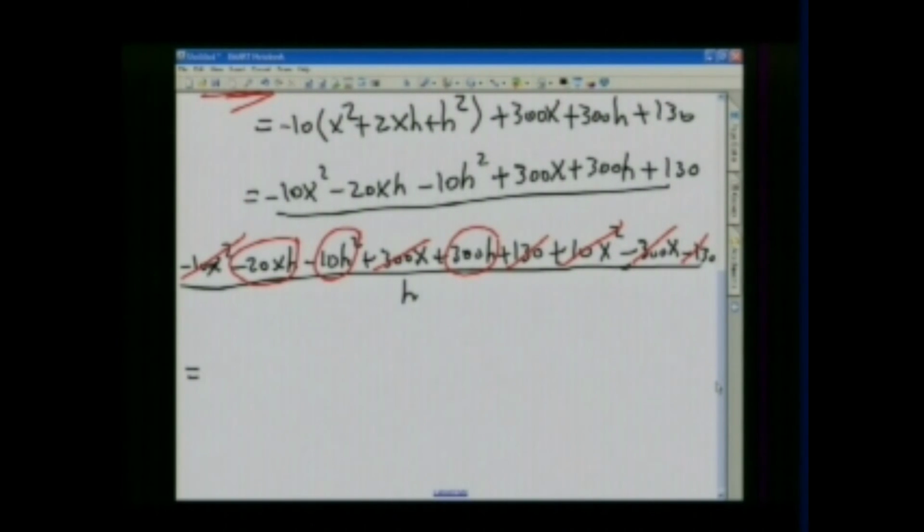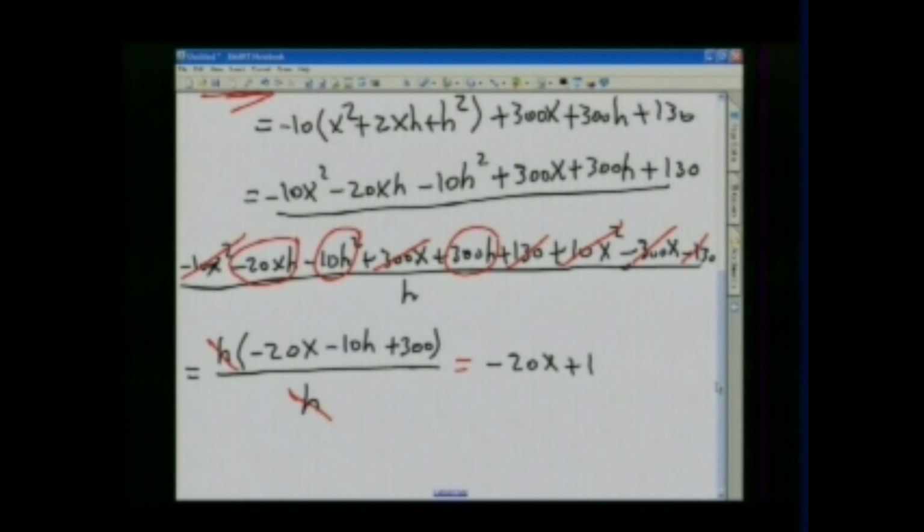So this would be equal to, factor out h between these, the ones in the circle. So I say h times minus 20x minus 10h plus 300, divided by h. Now this h and this h would cancel, and therefore what I'm left with is minus 20x minus 10h plus 300.